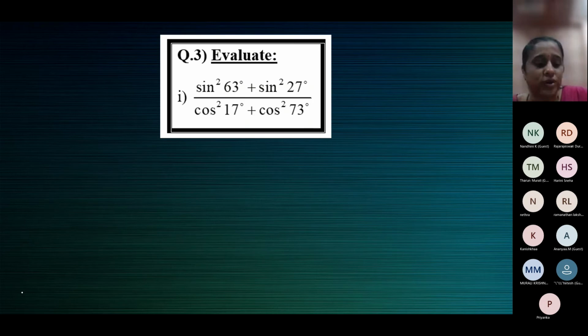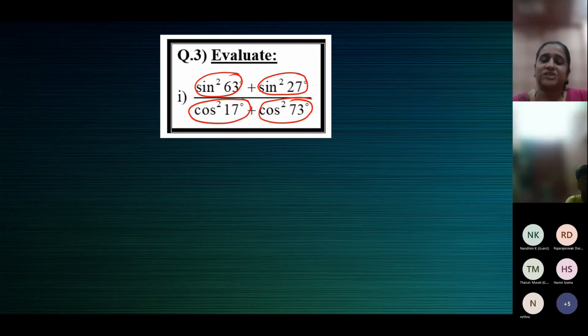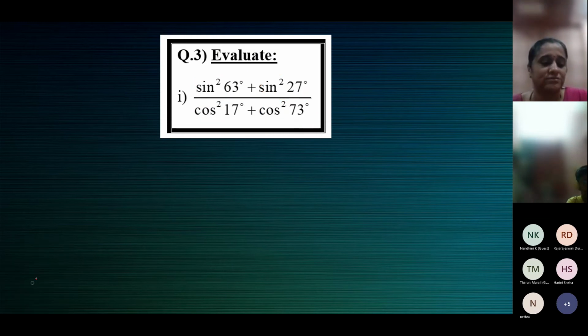See, children, you can also do this. Supposing you wish to have this sine square theta as it is, then change this one to cos square theta. Supposing you wish to have this cos square theta as it is, then change this one to sine square theta. Change any one, that's what I said. There is nothing that you have to change this one only or this one only. You decide.